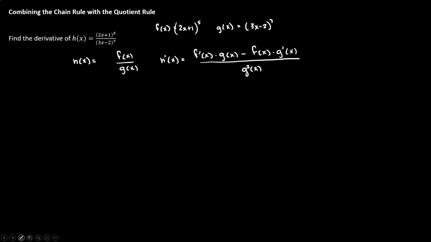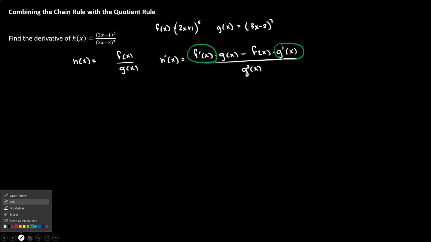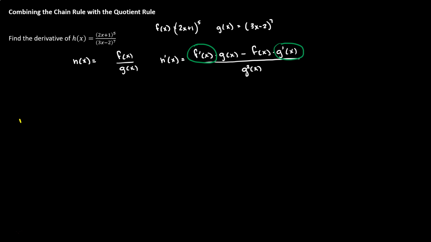Looking at this, we can see all the derivatives we need to compute. So we need f prime and we need g prime. F prime is the derivative of 2x plus 1 to the fifth power. That will look like 5 times 2x plus 1 to the fourth times 2.